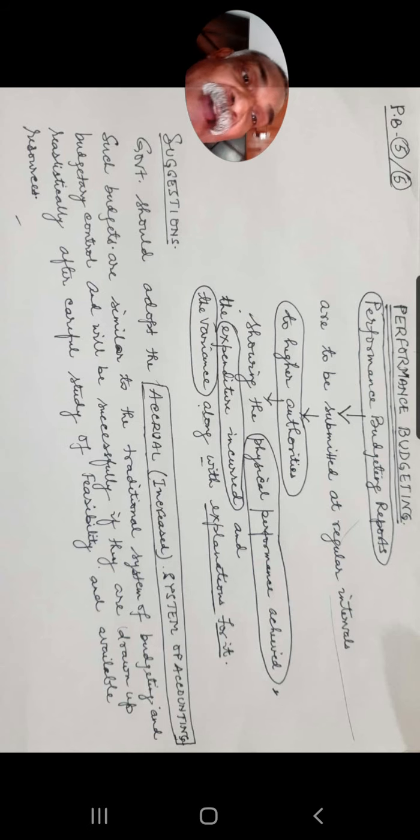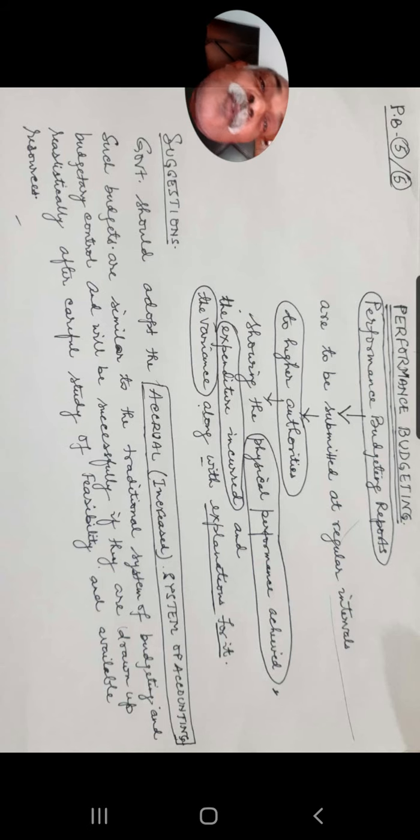To whom? To the higher authority. Showing what? Physical performance achieved. The expenditure incurred. We have shown how much expenditure is incurring. We have also shown the physical performance which we are achieving. And we have also shown the variance along with the expectations.